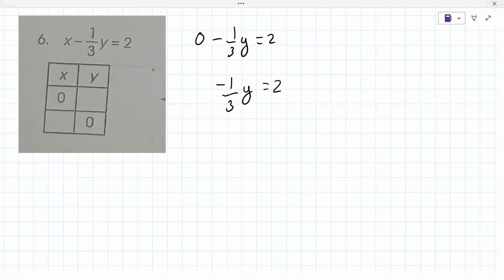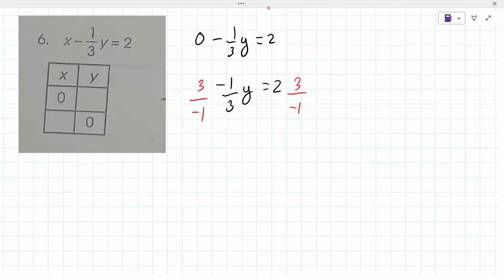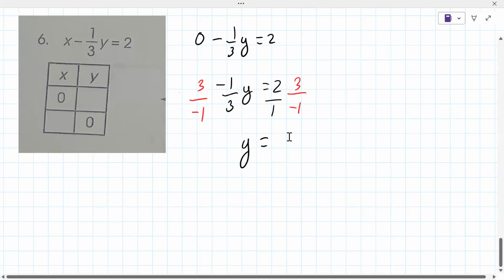And then the reciprocal here is 3 over negative 1. All right, so what does y become? Would it be just -3? You're multiplying the tops, multiplying the bottoms, and simplifying.